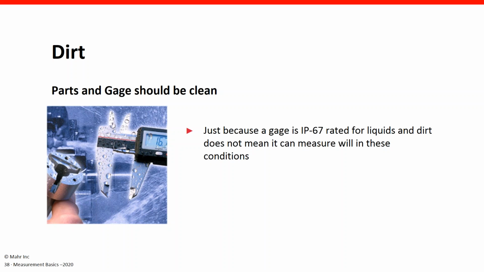And it's great to show that we can make measurements with water splashing all around. That's really not the way we want to make a measurement. When we want to make a measurement, we want to make sure that the part is dry, that the gauge has also been wiped off and clean, and we have good measuring surfaces to make our measurements with. So while a gauge can be resistant to liquids and dirt, we don't want to measure under these conditions.